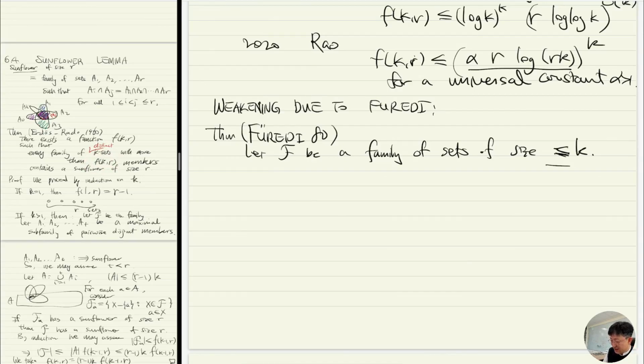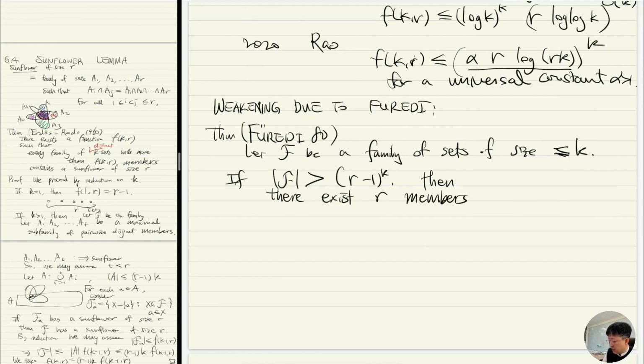So this relaxation isn't much different, but the main difference is that if the size of F is bigger than (r-1)^k, which is conjectured, as was conjectured by Erdős and Rado, then there exist r members A1, A2, ..., Ar in F such that, if the sunflower conjecture is true, the pairwise intersections have to be equal.